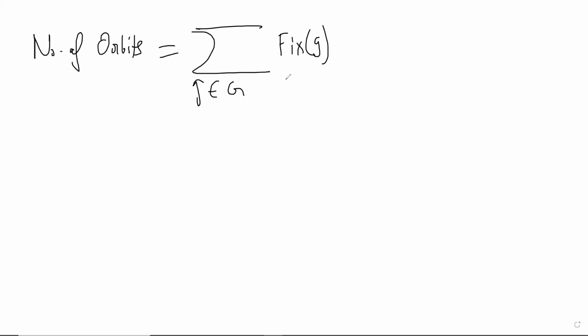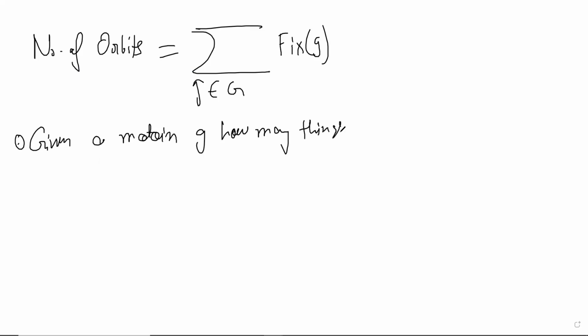But this itself is not useful, because now we come to a different problem. Given a motion G, how many things does it fix? How do you find this? If you can't find this, then all this is useless.